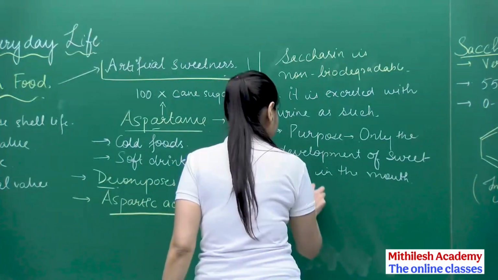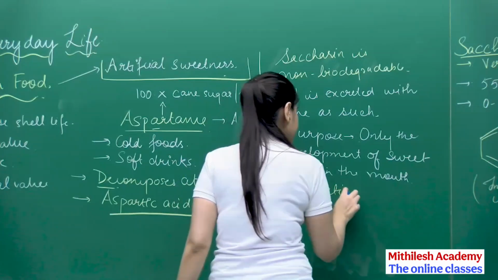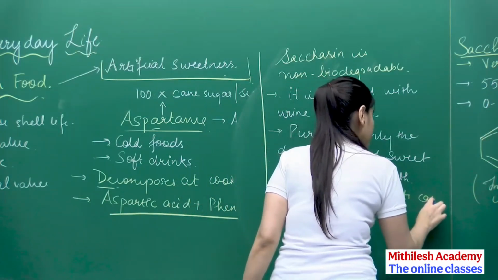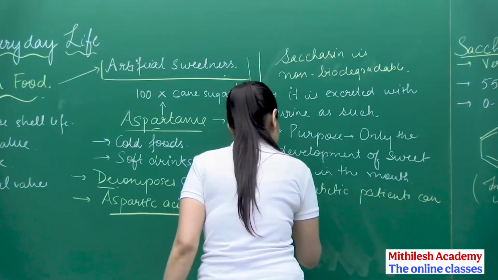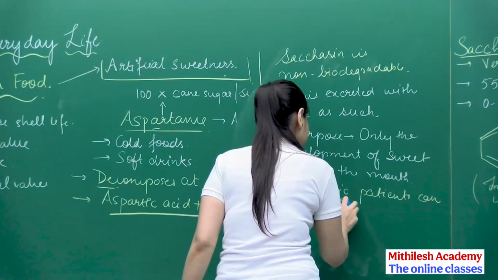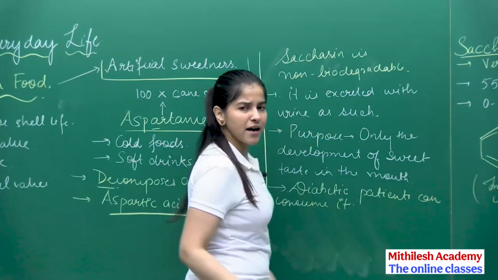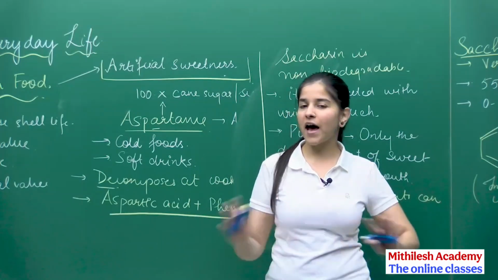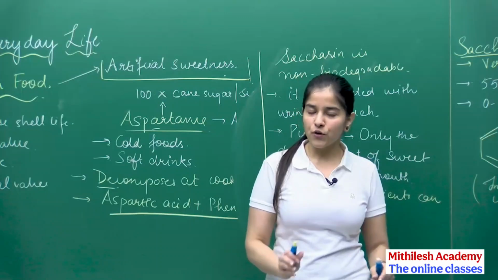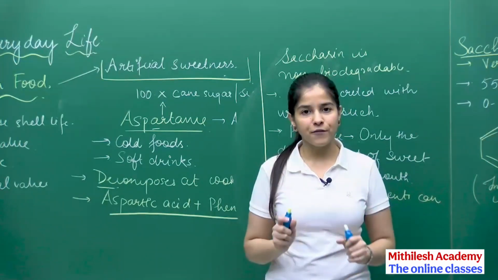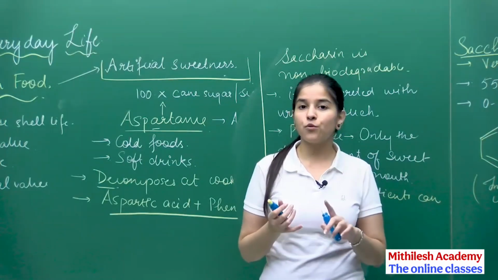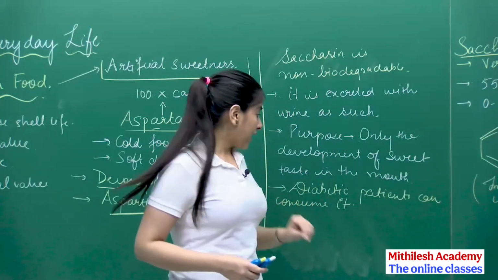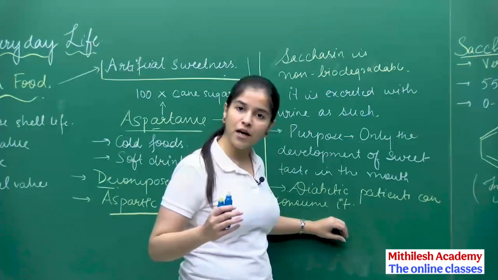So, diabetic patients can consume it. So here this statement implies what? That means it does not have any calories, any calorific value. So our purpose is very well served over here. That means it will not increase the blood sugar levels, it will not be harmful for the diabetic patients.